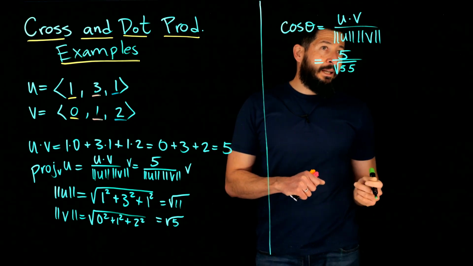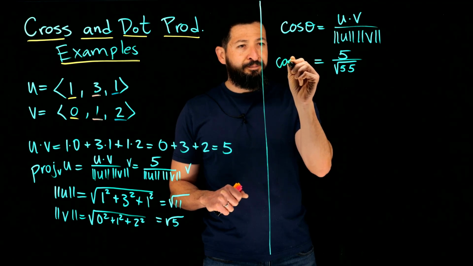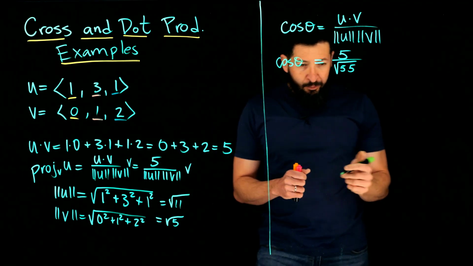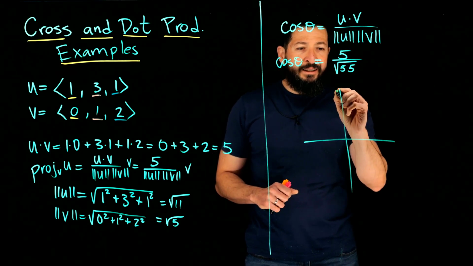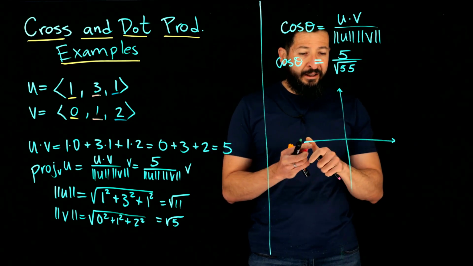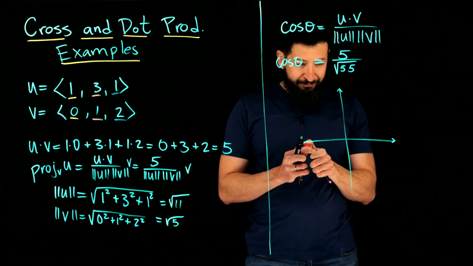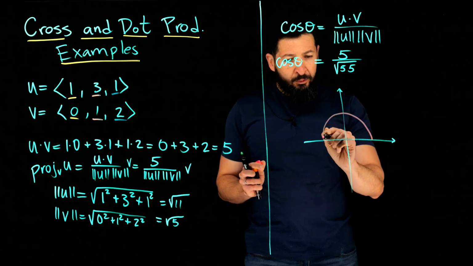Now, that is not the angle, that is the cosine of the angle, so I need to find the angle itself. Now, I got to remind you of one thing, and that is that when we define the arc cosine, we restricted the domain of the cosine to be between 0 and pi, so that the function would be 1 to 1.